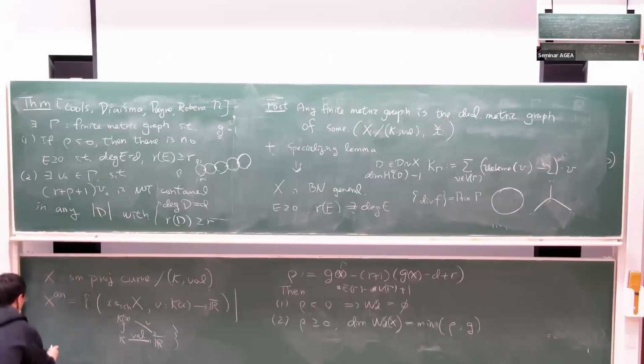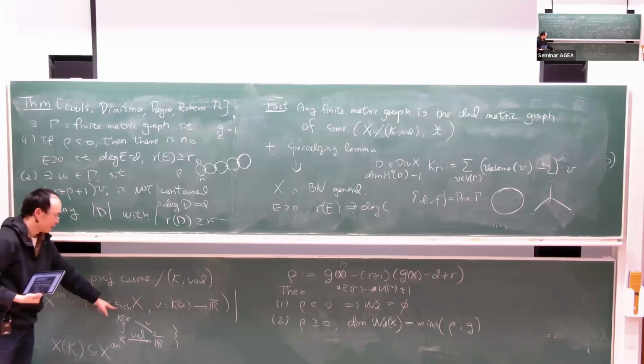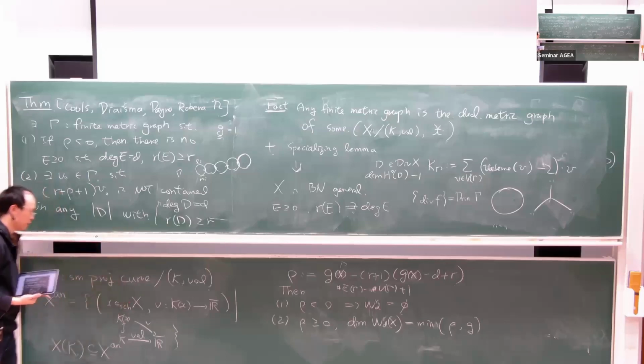In particular, we can realize the K-points of this curve as a subset of this Berkovich analytification. Each K-point of the curve X gives you a discrete valuation on the function field of the curve. And the function field of the curve X is the residue field of the generic point of X. So that gives you a point in the Berkovich analytification. So we have this natural inclusion.